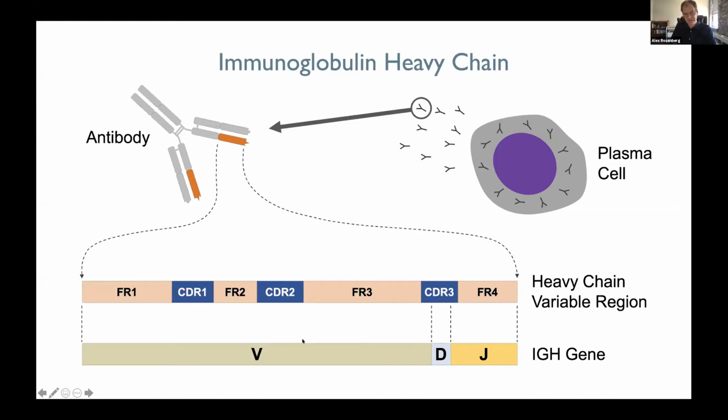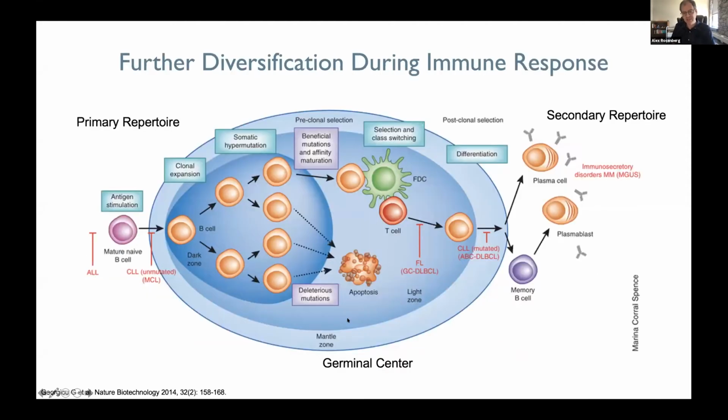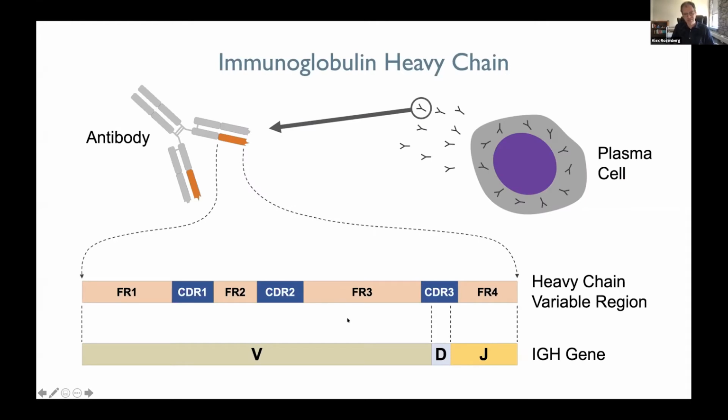And it is the combination of 3 gene elements that are put together during B cell development. The diversity of the B cell receptor or the antibody is based on multiple possible V genes, D genes, and J genes being combined randomly during development. So that's the first level of diversity.